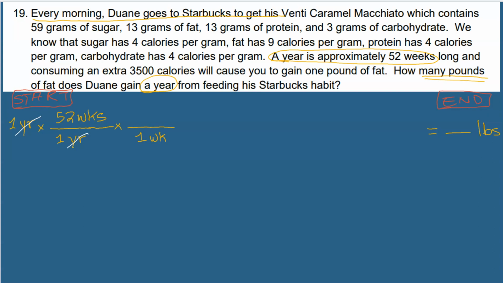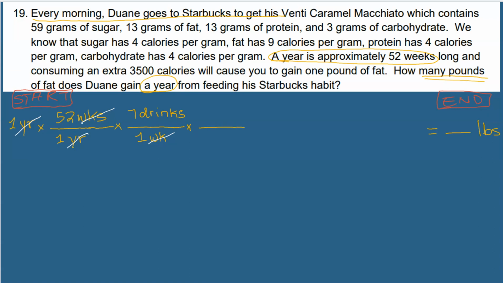In 1 week he will get 7 drinks, right? The venti caramel macchiato. Now weeks will cancel with weeks. Trust your units. Trust your units. And then now I've got to get rid of the drinks. So what about the drinks?